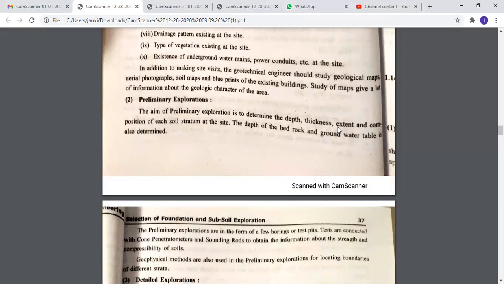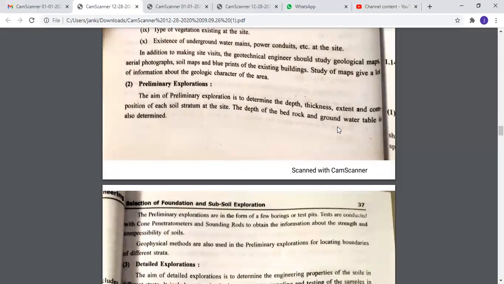The tests considered in preliminary exploration are, first, cone penetrometers and sounding rods, which help in obtaining information about the strength and compressibility of the soil. Geophysical methods are also used in preliminary exploration for locating boundaries of different strata, right?